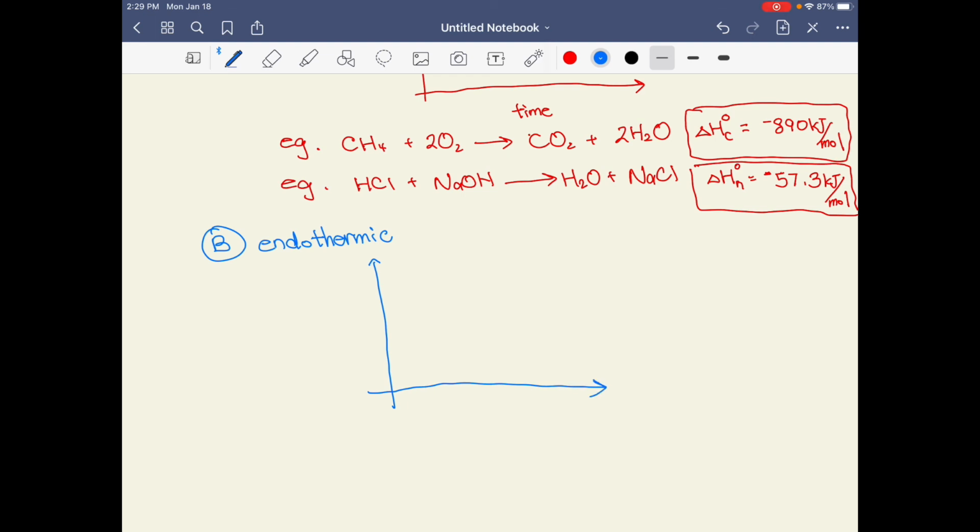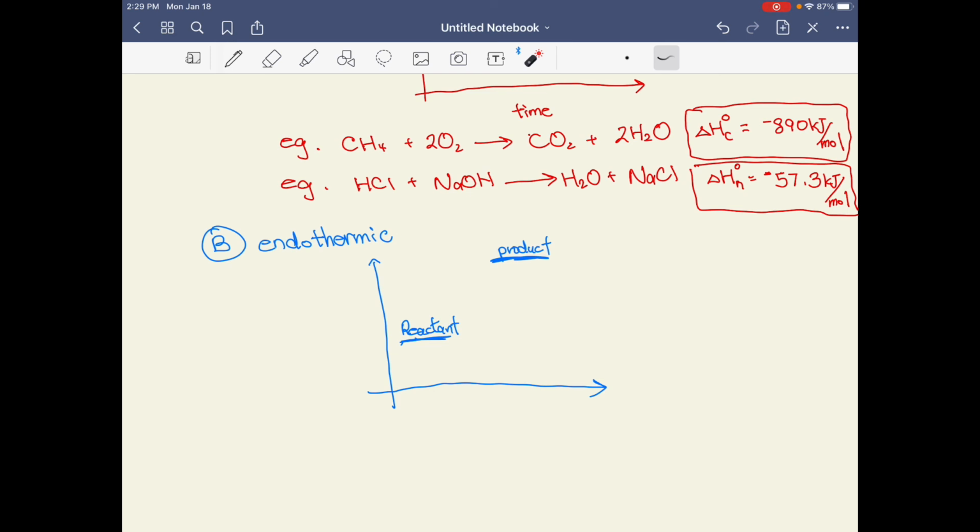Again, it's enthalpy versus time, where if you have your reactants right here, and for some reason your product is all the way up there, what happened is that heat is being absorbed by the reactant, causing the products to be at a higher enthalpy state.